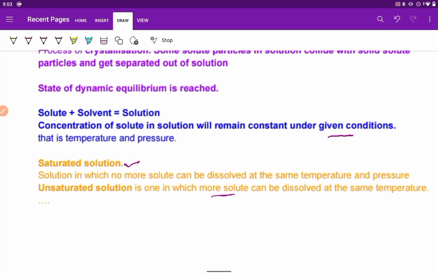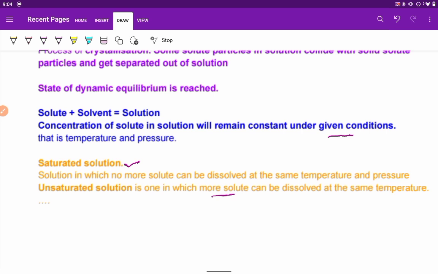So the solution which is in dynamic equilibrium with undissolved solute is the saturated solution, and it contains the maximum amount of solute dissolved in a given amount of solvent. So the concentration of solute in such a solution will be called its solubility.